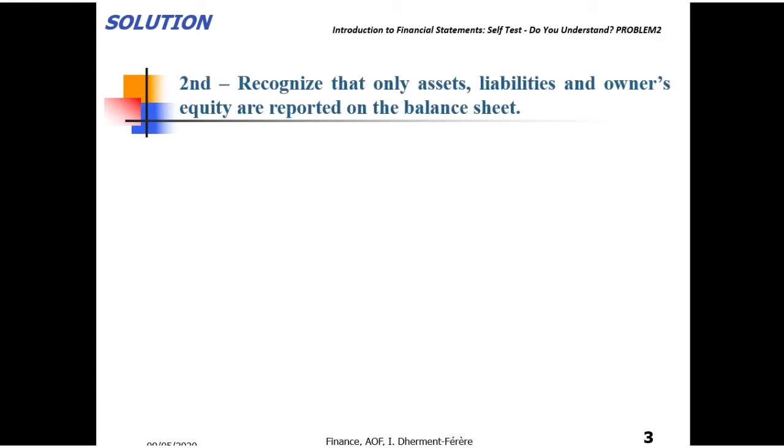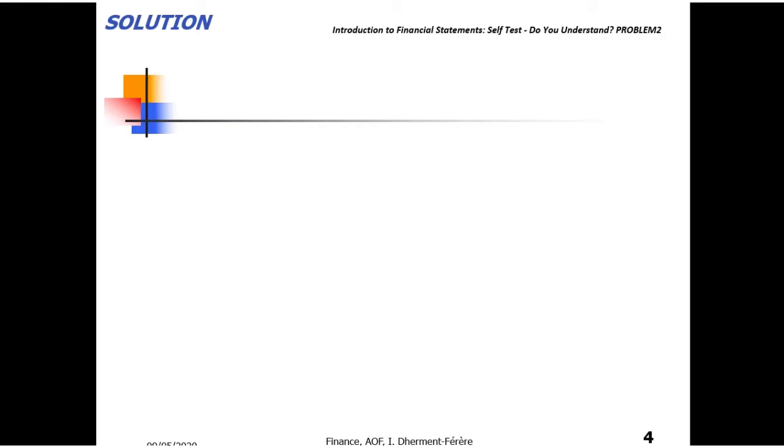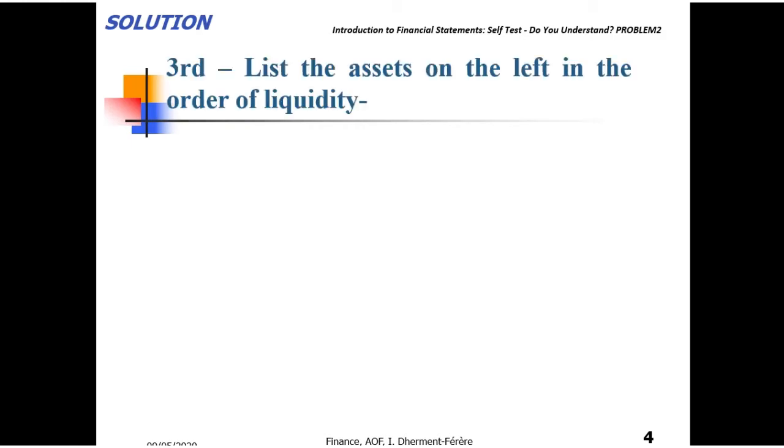Second, recognize that only assets, liabilities, and owner's equity are reported on the balance sheet. Ignore revenues and expenses. Third, list the assets on the left in the order of liquidity.